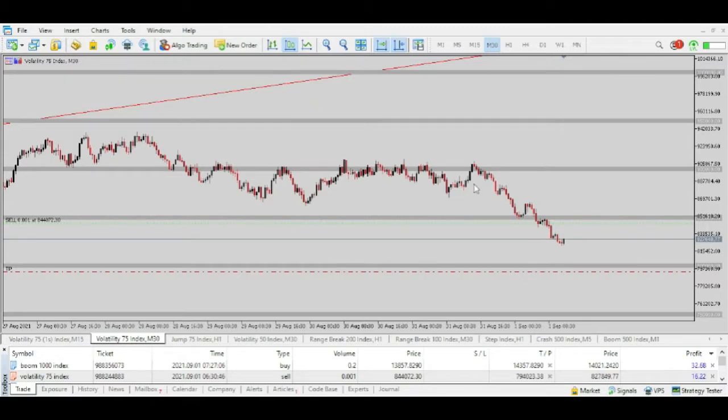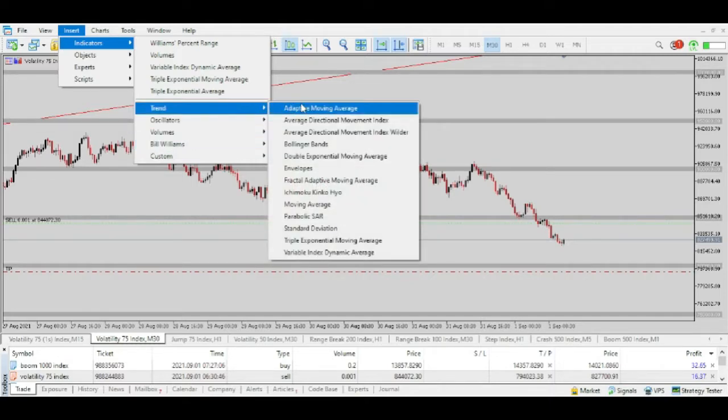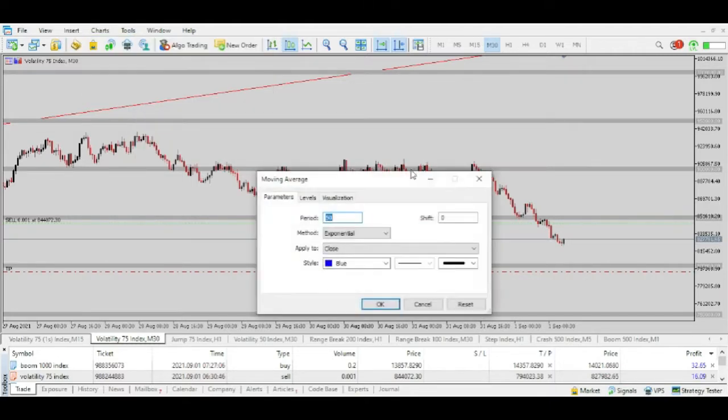So here's a simple strategy that anybody can use. We'll try to do the moving average strategy, just to demonstrate that you can make free Forex robots without paying anybody a cent.